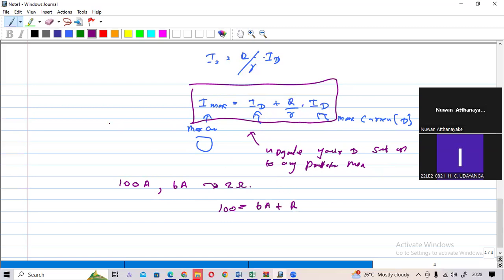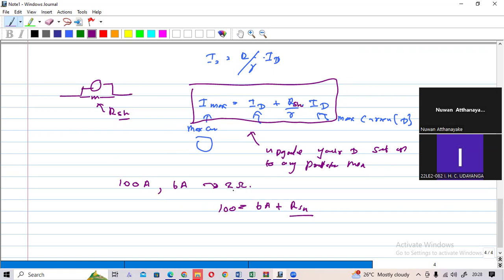If this is a D'Arsonval setup, you have to fix a shunt resistor. This is a parallel resistor, normally referred to as a shunt resistor. It is normally denoted using RSH, that is the shunt resistance, the parallel resistance RSH.